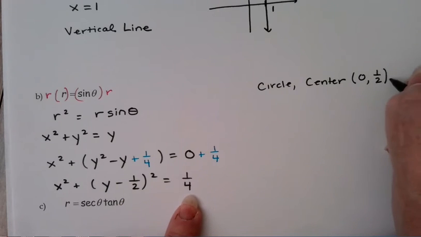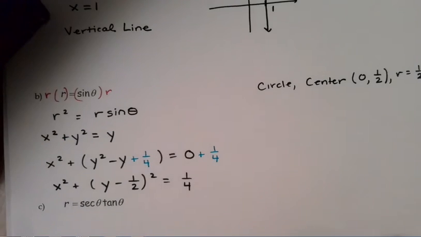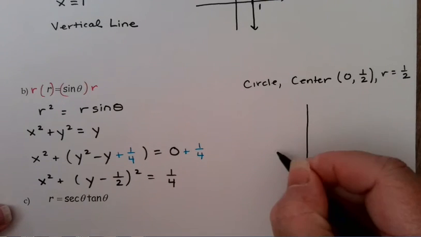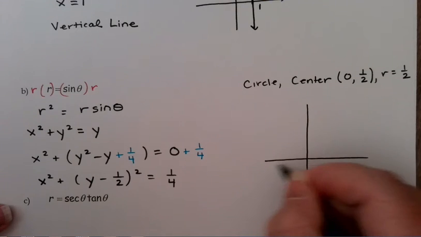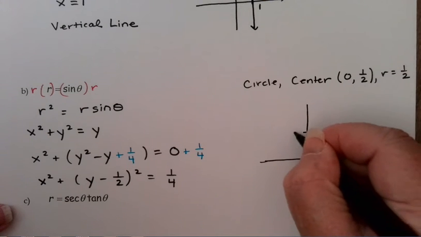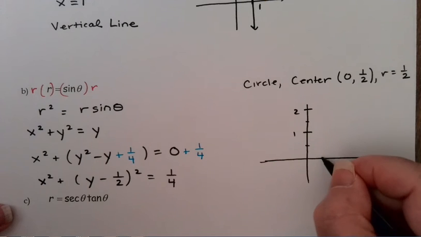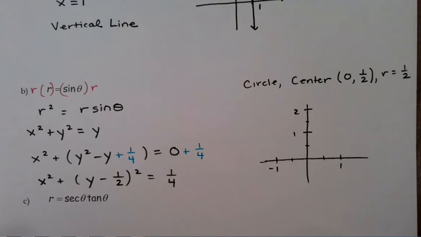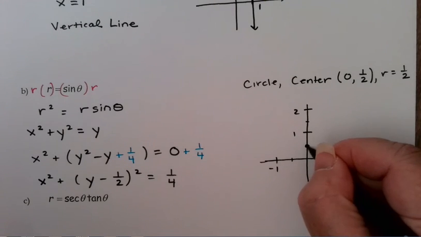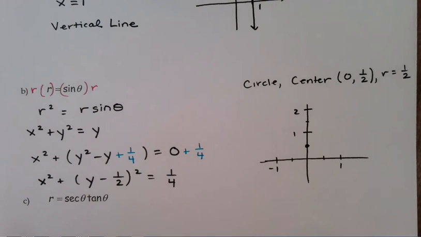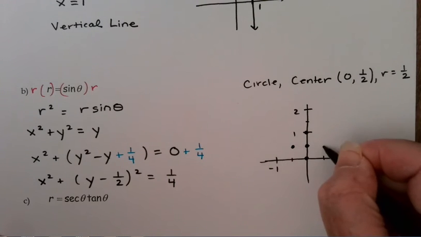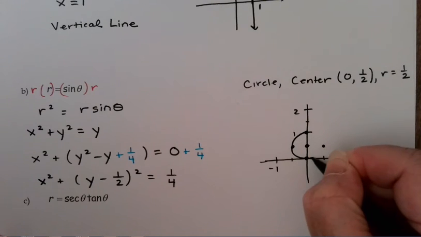And that's r squared, so the radius would be the square root of a fourth, or 1/2. So my center is at 0, 1/2, and the radius is a half. So if I go a half in each direction from the center, that will give me my circle.